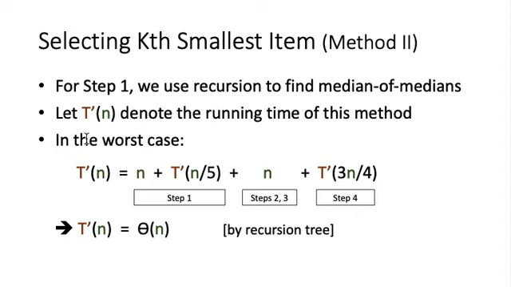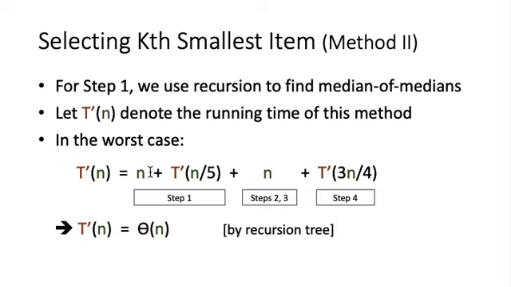We are analyzing the worst case. Now T prime of n can be decomposed into the time for doing step 1, the time for doing steps 2 and 3, and the time for doing step 4. Step 1 is the median of medians. It takes order n time to partition S into groups of 5 and find the median of each group.